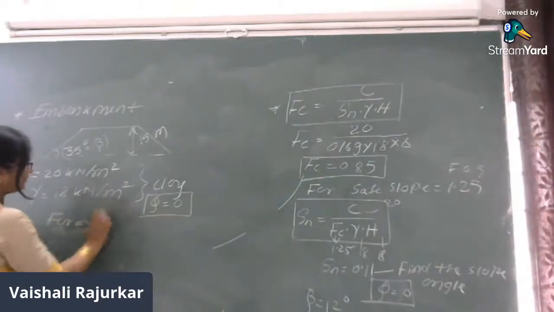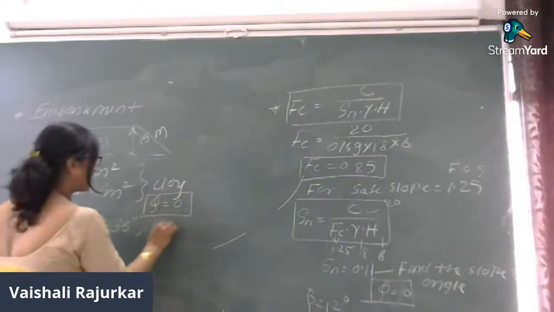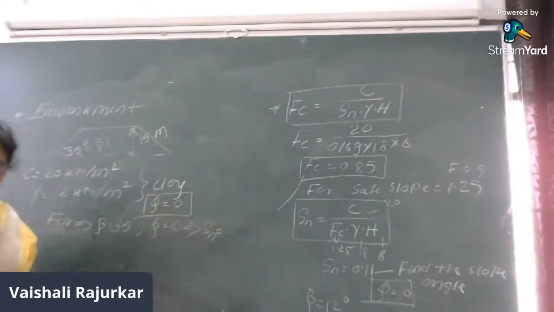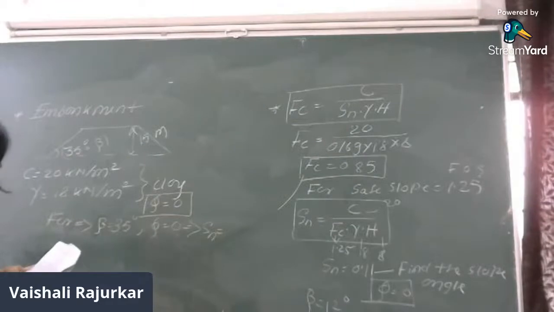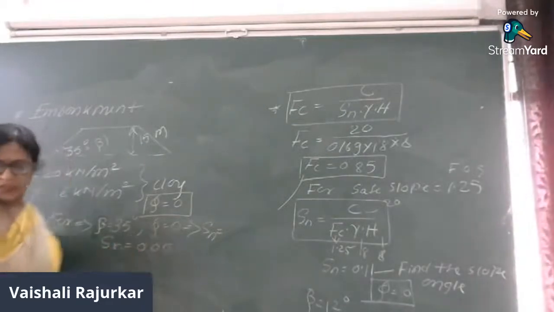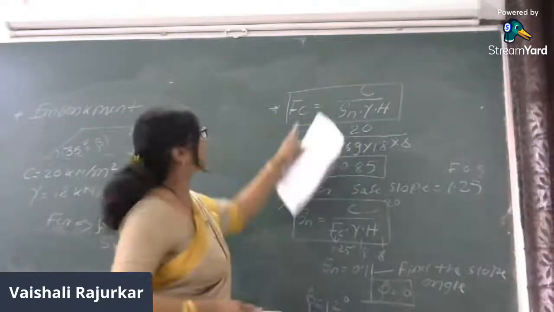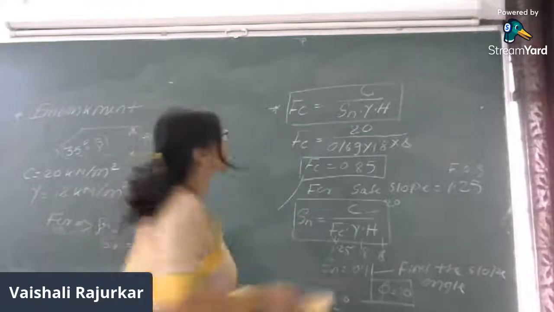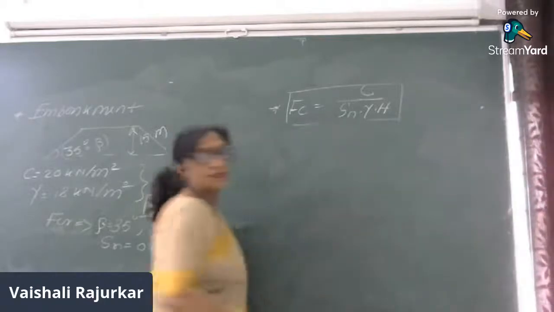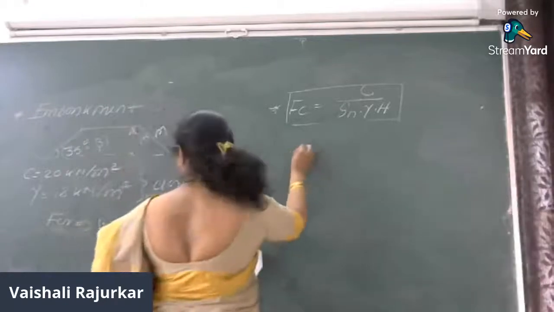for beta is 45 and phi is 0, Sn is calculated. Sn is given in the numerical. So Sn is calculated and given as 0.06. Now what is the equation? Again, for purely cohesive soil, the equation is Fc is equal to C upon Sn into gamma into H. Therefore here we will put all the values into the equation.